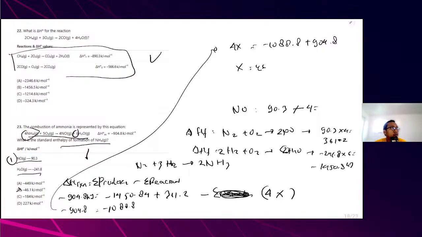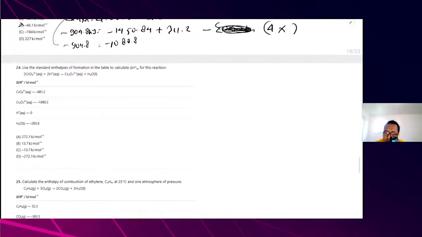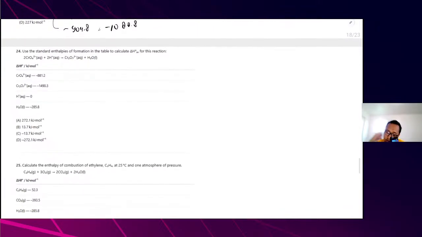All right, now we move on to number 24. Use standard enthalpies of formation in the table to calculate ΔH reaction for this reaction. So now we want to calculate this formation. Just remember product minus reactant. And then over here is ΔH reaction.